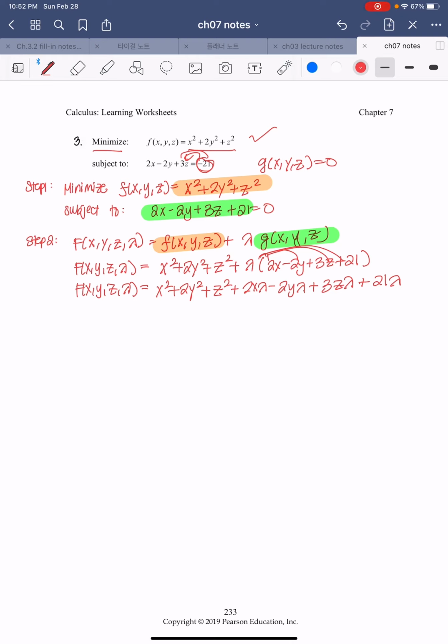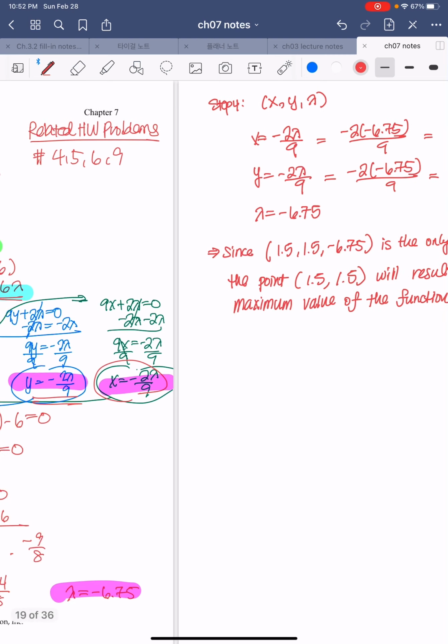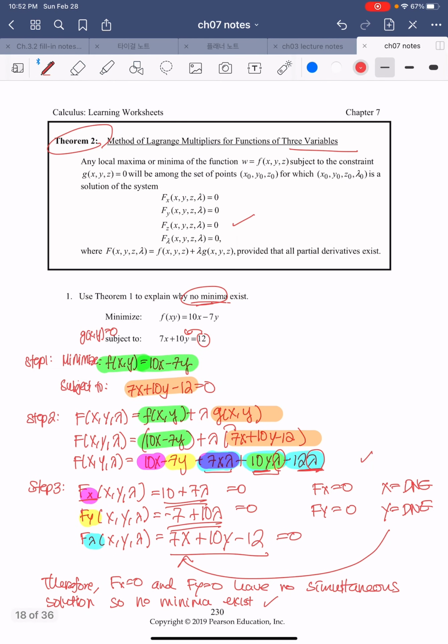Okay. Step 3 is taking the partial derivatives. This time I have to do 4 because I have more variables introduced, and then set each of them equal to 0. But same thing. I'm going to treat the one variable as the variable and the remaining ones as constants.